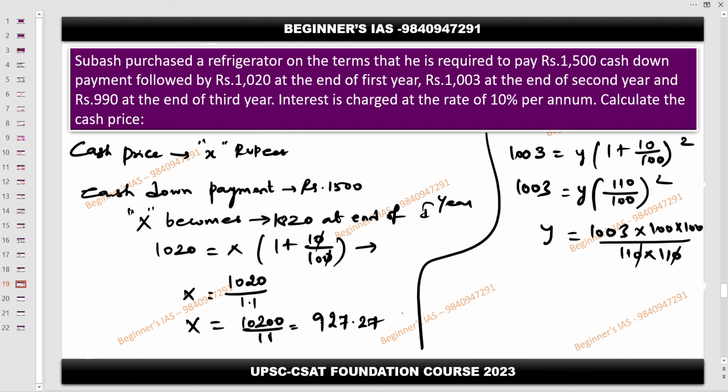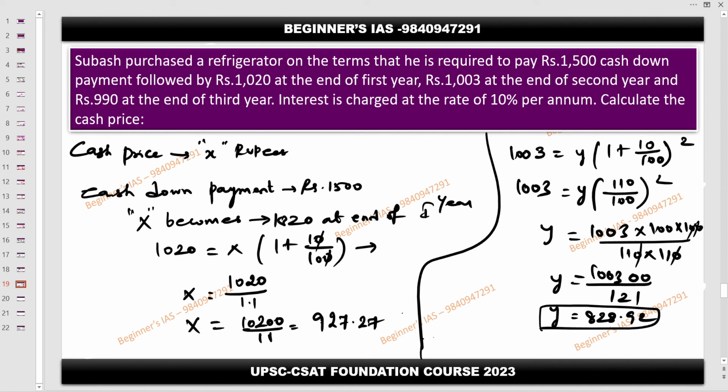Here the zeros cancel, then 100300 by 121. Divide. Anyone having a calculator, use it. 828.92. Correct? Yes, correct. Similarly, we have to calculate Z also.